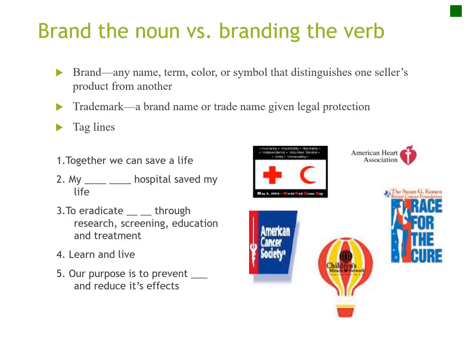So next we're going to talk a little bit about brands and branding. Brand is a noun, branding is a verb. So the brand is any name, color, term, a symbol that distinguishes one seller's product from another. Probably this here, Race for the Cure, the Susan G. Komen Foundation.